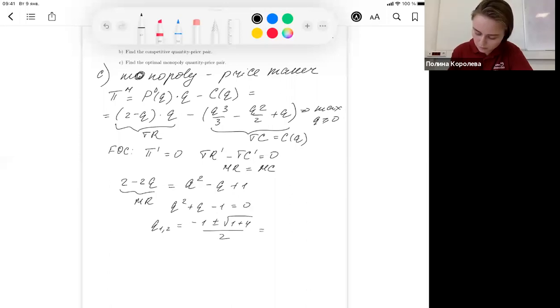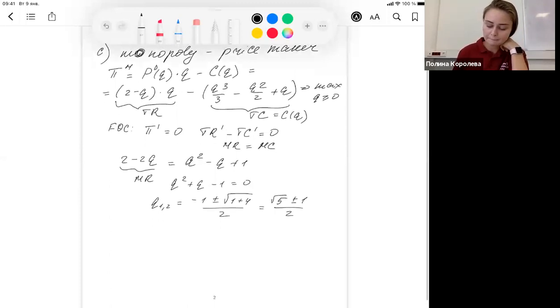So this will be square root of 5 plus minus 1 over 2. And now we should choose which root we need. We cannot choose yet, because they are both greater than 0, so we do not know.